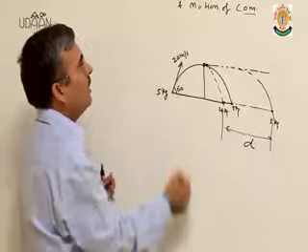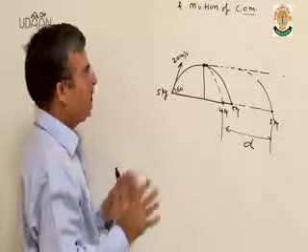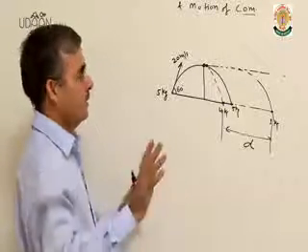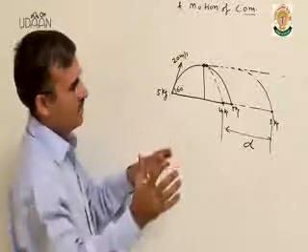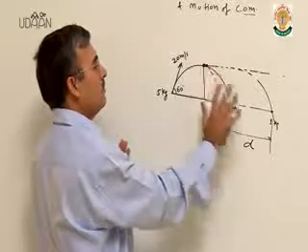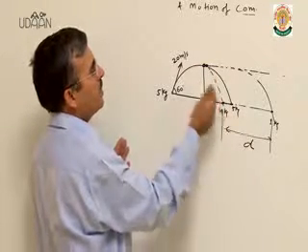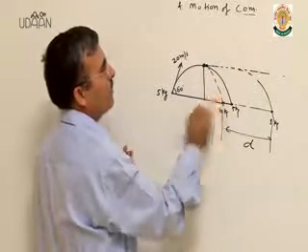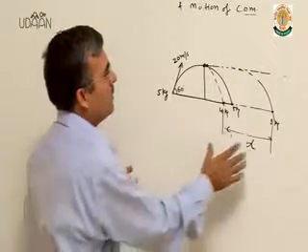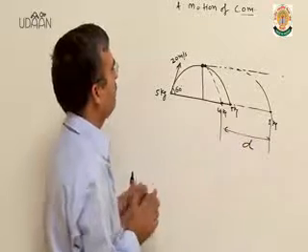Clearly only the mg force is acting vertically downward, so the center of mass will not deviate, it will move as it is. So the center of mass will move on the parabolic path as it was moving initially, but these fragments will move here and there. Clear? So let us calculate the separation between them.